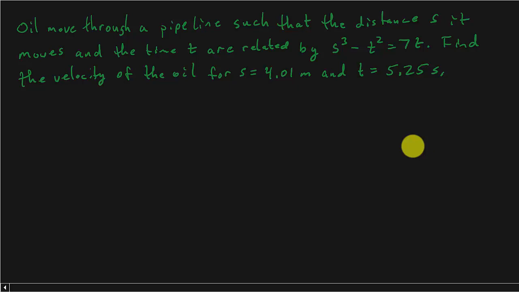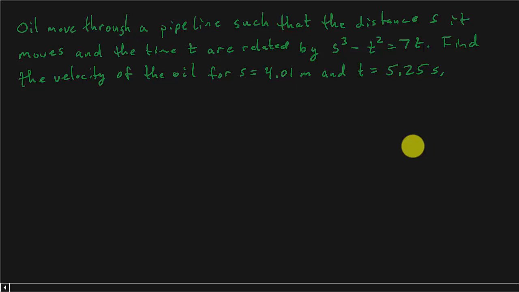We've got an implicit function here. Now, how do we go about finding the derivative? Well, we're going to use implicit differentiation. What are they wanting us to find? The velocity.